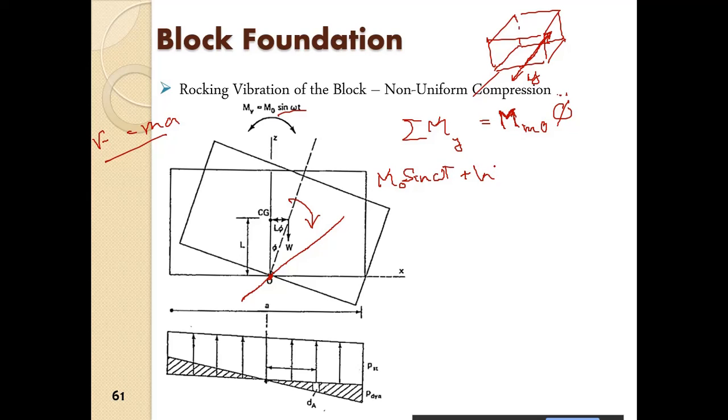And then we have the moment from the soil in the negative, anti-clockwise rotation. So that is minus, which we have found out is equal to c phi phi I, c phi.